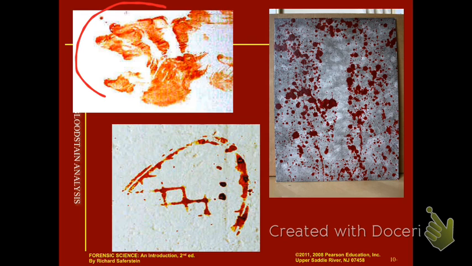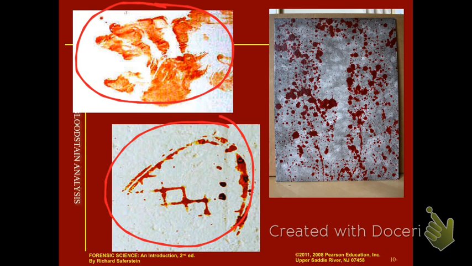Here's contact or transfer, obviously a handprint. Here's another example with a shoe mark, contact or transfer. And here, this is a void pattern. And it might not be easy to see at first, but if I draw around the outside of the void, you can see it's a meat cleaver or a butcher knife.